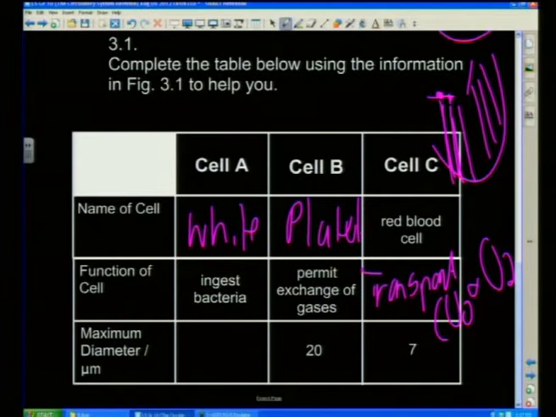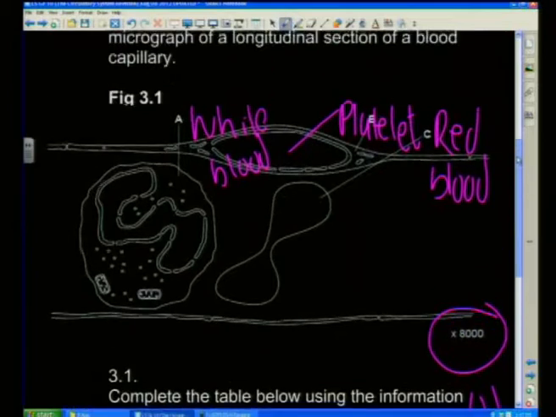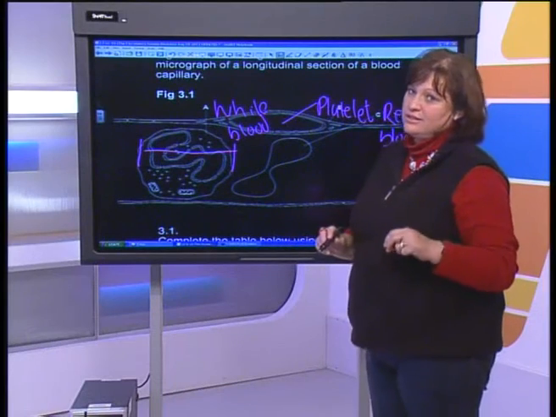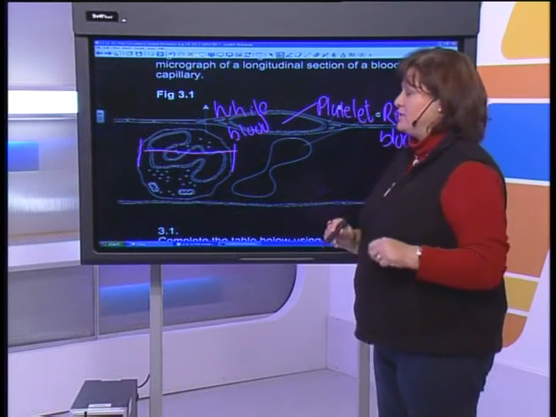So what they're asking for is the diameter of number A. If we have a look here, what would the diameter be? We're going to measure. There we go, take your ruler and you measure. Now this is where the tricky part comes in.